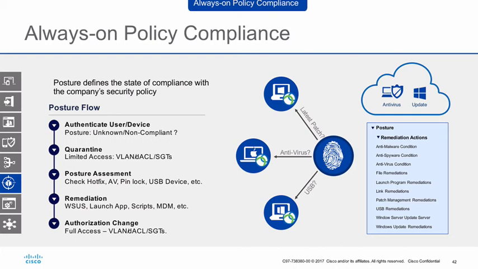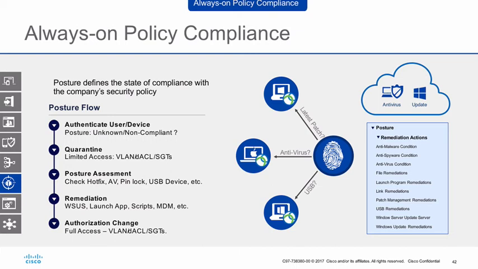All right, so let's shift a little bit from TrustSec to policy compliance. When we talk about compliance, we're talking about a couple of different things here. We're talking about posture assessment, and compliance has a couple of different forms, and we're going to go through that in this presentation. So what we're doing here is authenticating the device, and based upon the information we get, we can quarantine it.